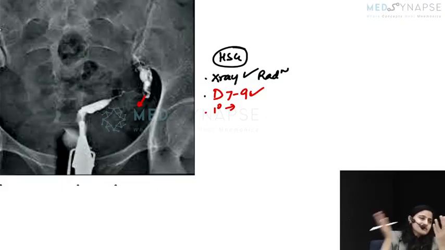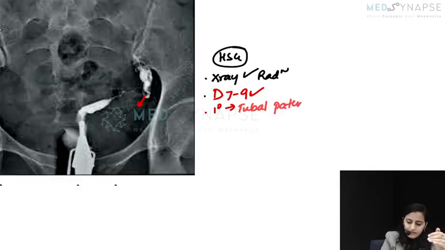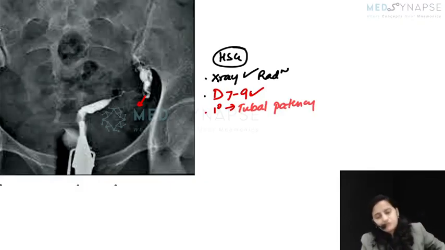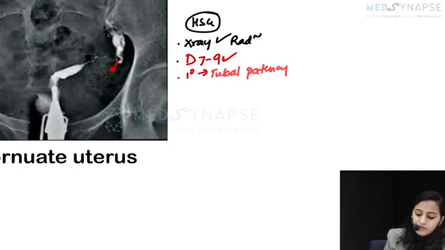The other one is the invasive one, that is chromopertubation, where we put in dye and see whether it comes out, but that will be in laparoscopy. This is basically for tubal patency, whether the tube is blocked or patent. So in a patient of infertility, to rule out tubal block, we will do HSG. So primary indication is tubal patency.